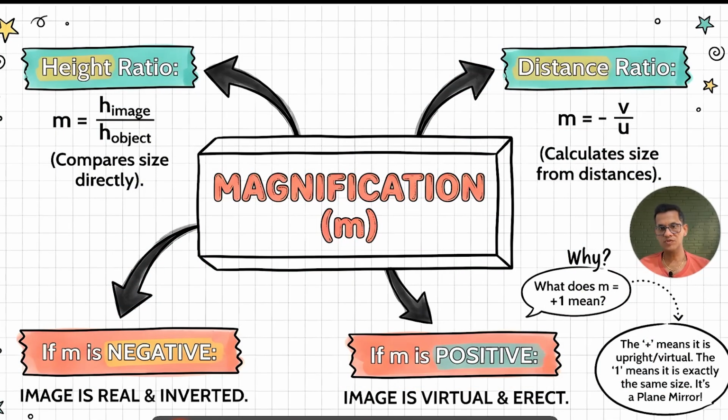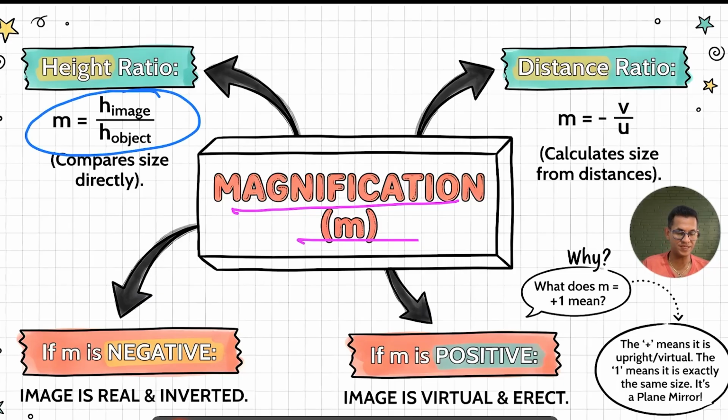One more concept which we have to deal with here is the concept of magnification. Magnification, by definition, is the ratio between the height of the image and the height of the object. So we can write it as M is equal to height of the image, HI, divided by height of the object, HO.